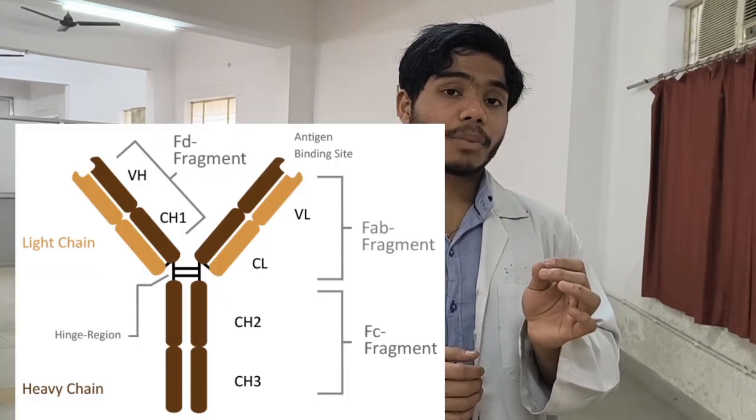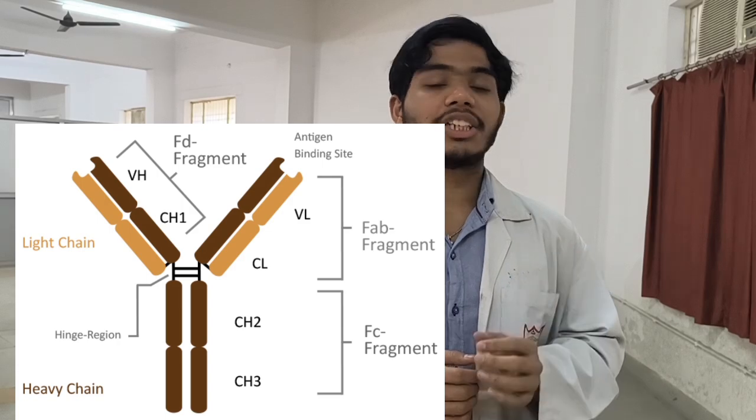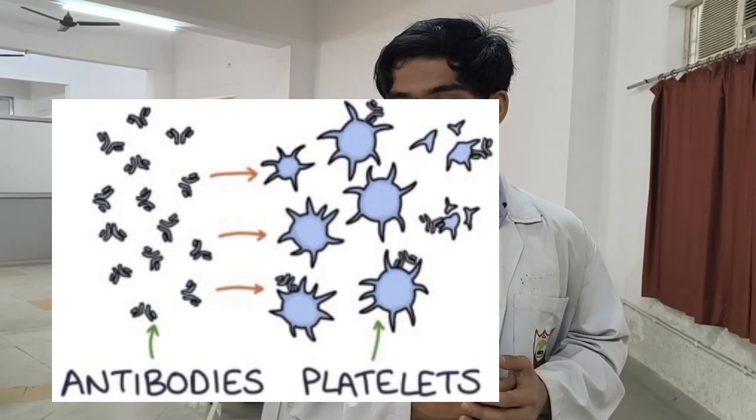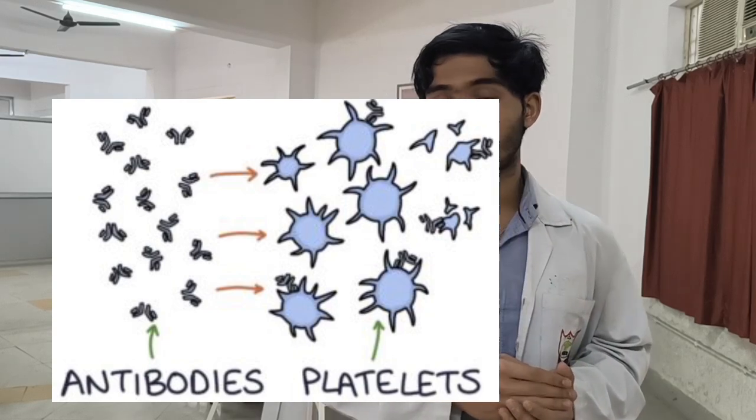Now third, in the serum of the patient, IgG antibody is found. Why? Because these IgG antibodies are the antiplatelet autoantibodies which destroy the platelets. So the third reason is also done.